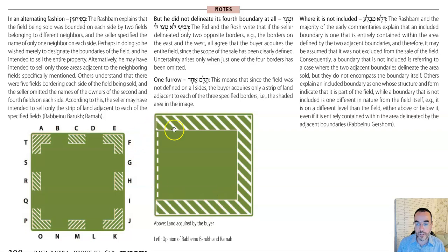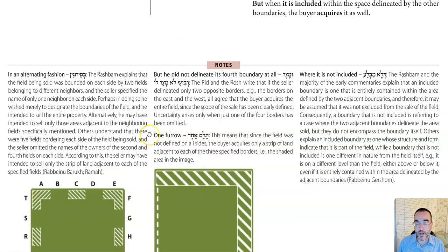He'll get all of this and everything that's in between this side and that side. He'll get it fully, but some other piece of land, or that furrow, that strip, that would be the border here. If he mentioned the border, he would have gotten that too. But since he didn't mention that border, he doesn't get anything on that side.